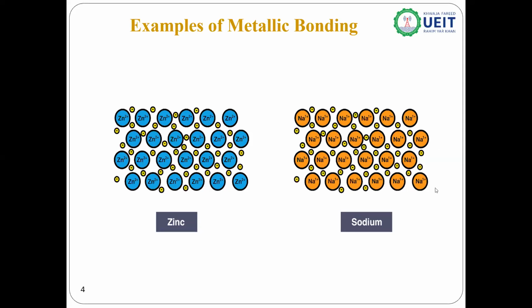Similarly, sodium is an alkali metal with 11 electrons in total, and its valence shell contains just 1 electron, so it can easily release that electron. In 1 mole of sodium there are 6.02 × 10^23 atoms, and they will release 6.02 × 10^23 electrons. So when these atoms release their electrons, they form a sea in which the cations look like they are floating.